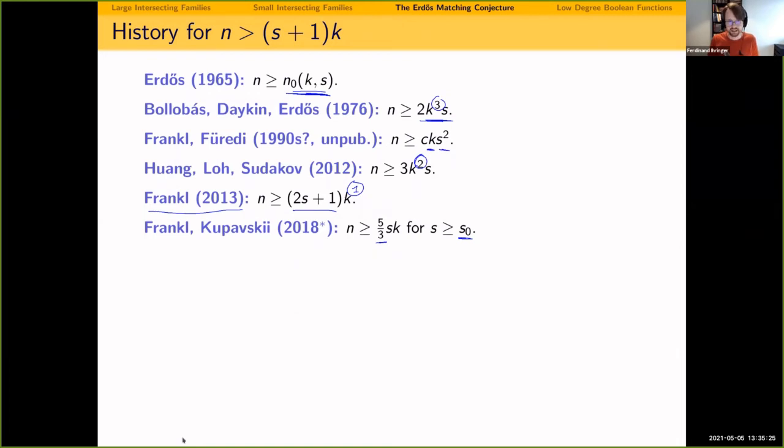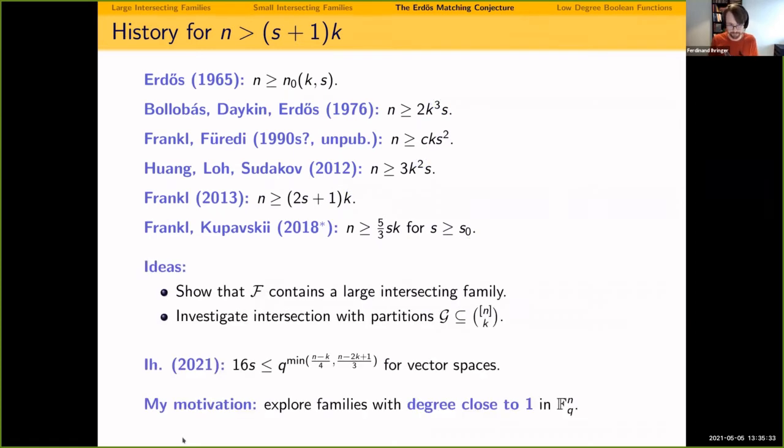Good. Now, what is some generic way of investigating such intersecting families? One idea that you can always use is to try to find a large family of these Erdős matching conjecture type. When your n is large enough compared to something, you can always try to find a relatively large intersecting family.